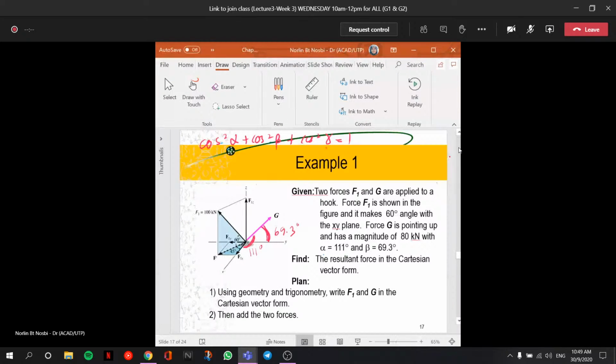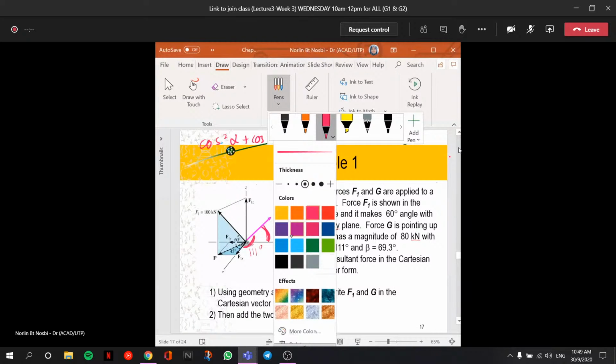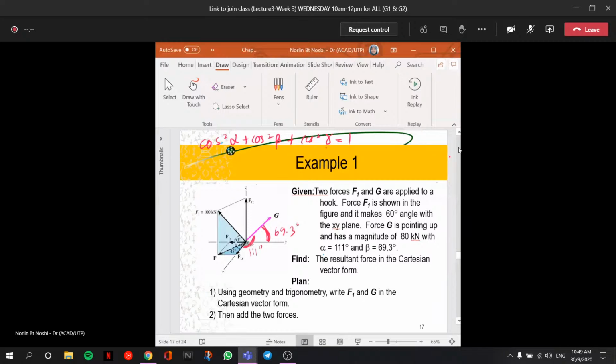You know the alpha, you know the beta, then you can find the gamma. So you just fill in cos square 111 plus cos square 69.3 plus cos square gamma, unknown, equals 1. Use your calculator.